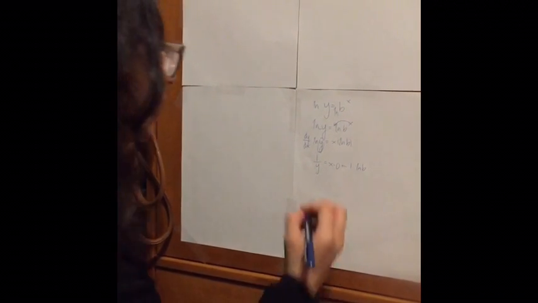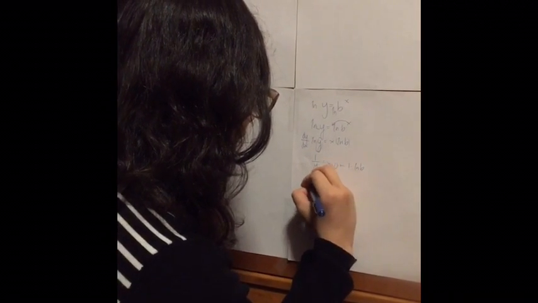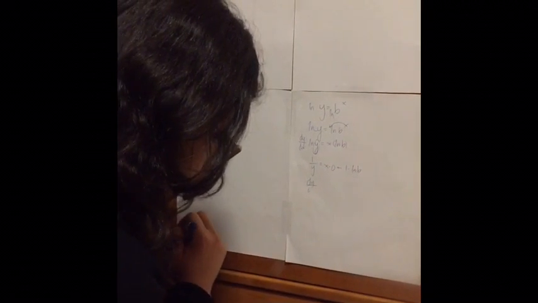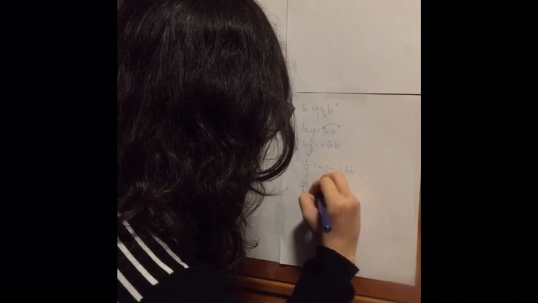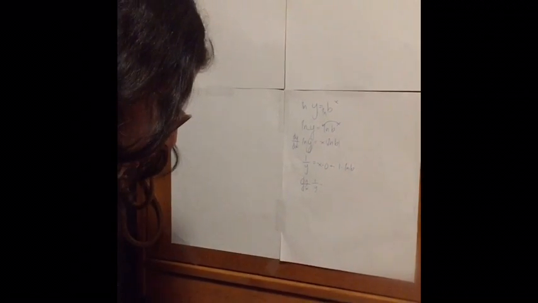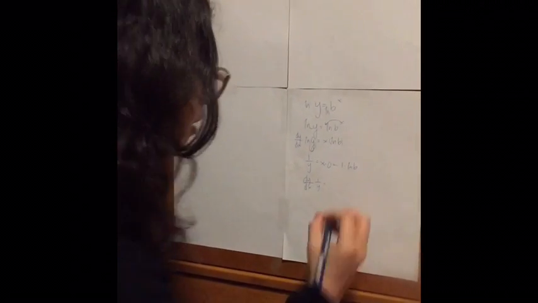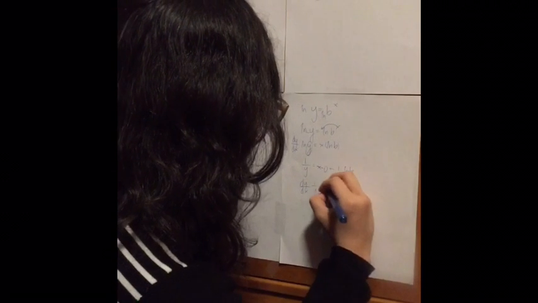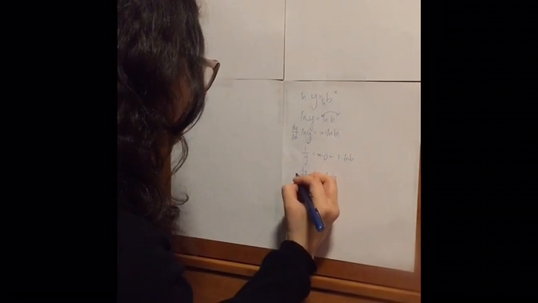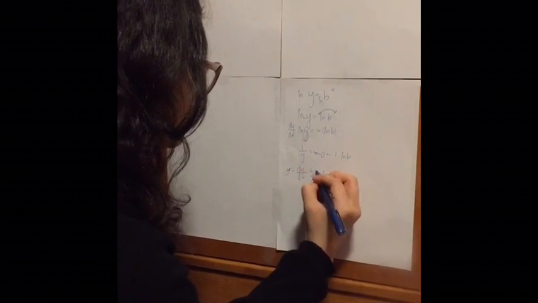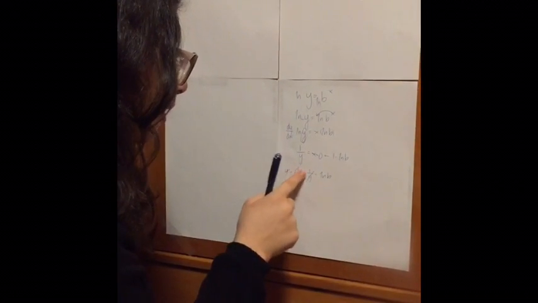So when you simplify that, you get 1 over y times dy over dx equals ln b. Once we have that, we can just multiply both sides by y to isolate dy over dx.